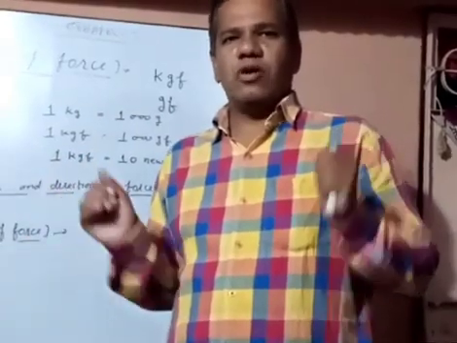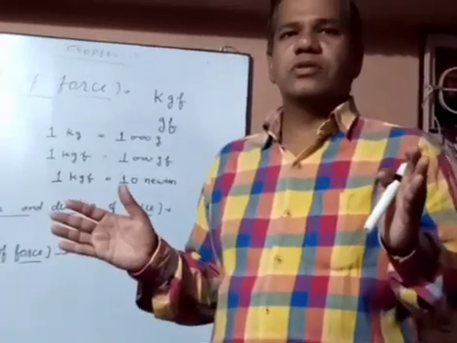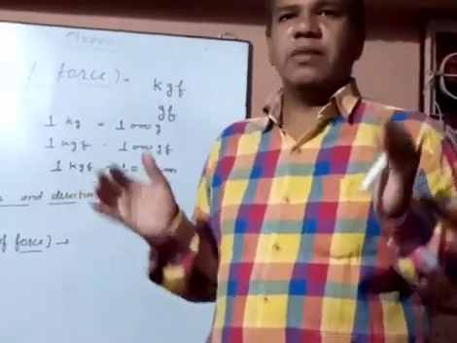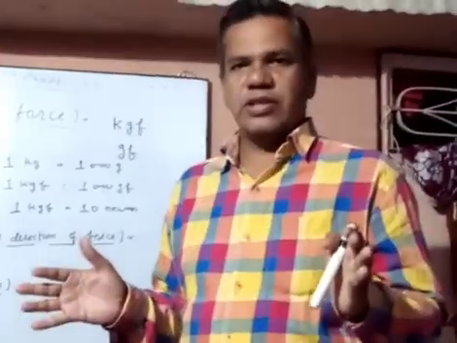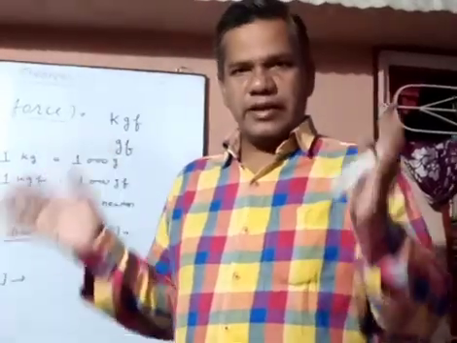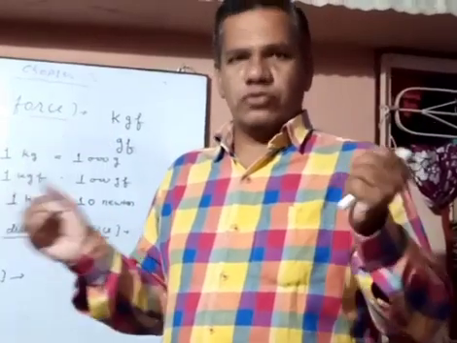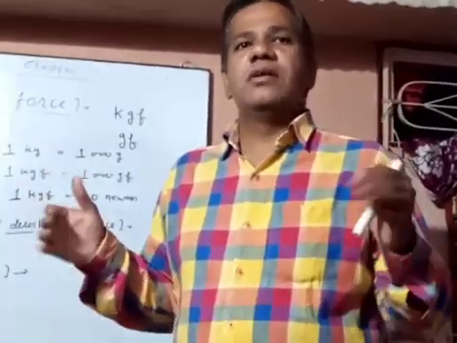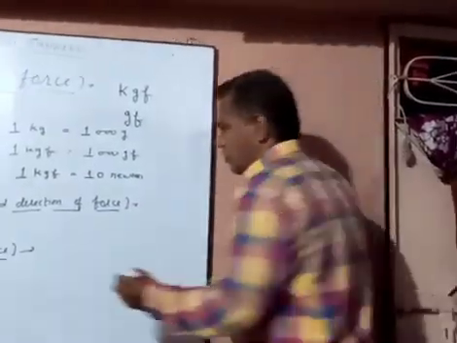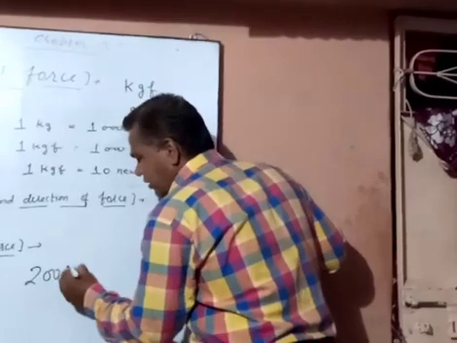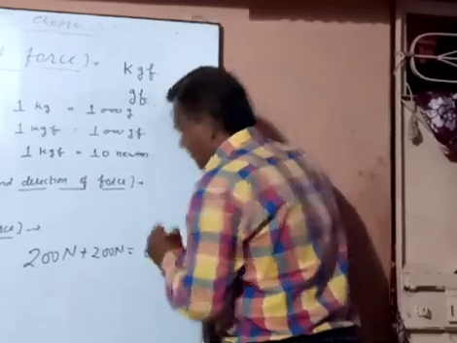The reason is that when we apply two forces or more than two forces in the same direction, they get added and produce more force, that means the resultant is more force. So we write 200 Newton plus 200 Newton, we get 400 Newton.